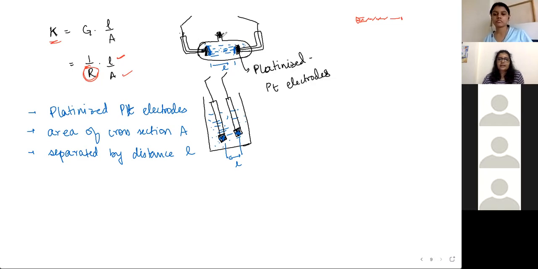Whatever electrolyte you want to measure the conductivity of, put it in the container, and the specifications of A and L are fixed while constructing the cell itself.